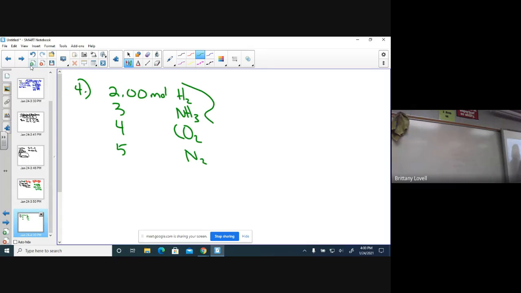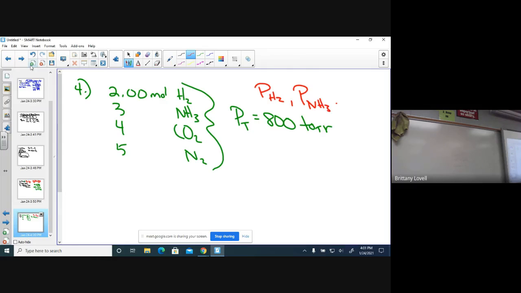And they say all of this together gives off a total pressure of PT of 800 torr, right? They want to know what's the partial pressure of each gas. So they're looking for partial pressures of each one of these. So they want to know the pressure of hydrogen, the pressure of NH3, and so on and so forth, okay?